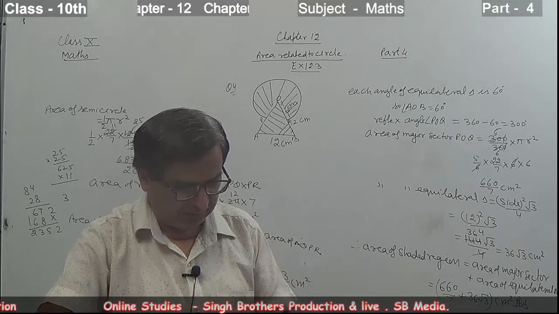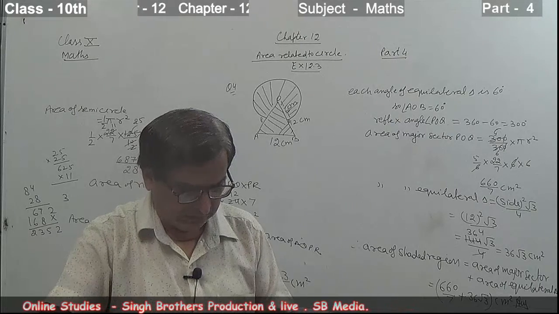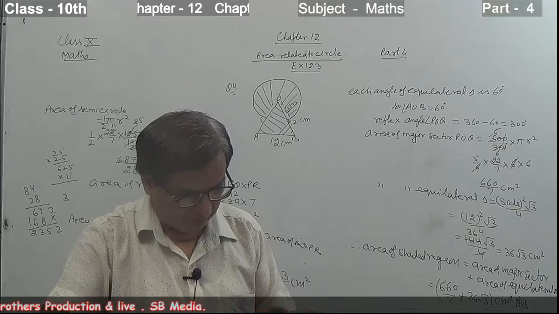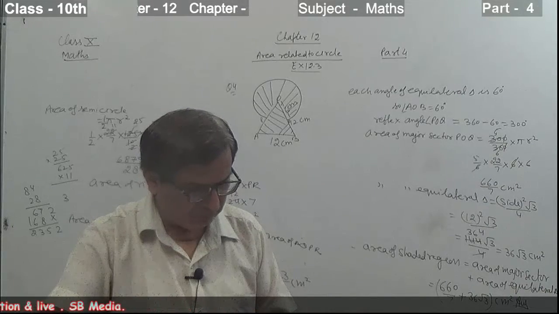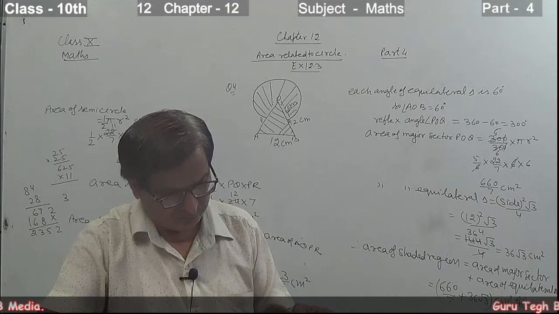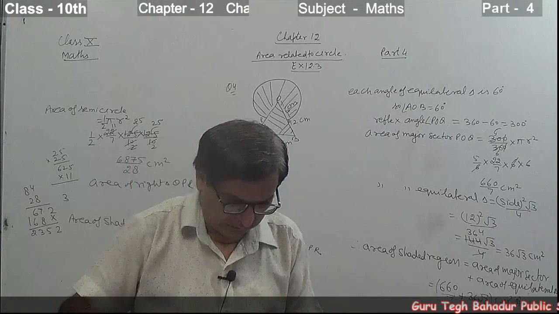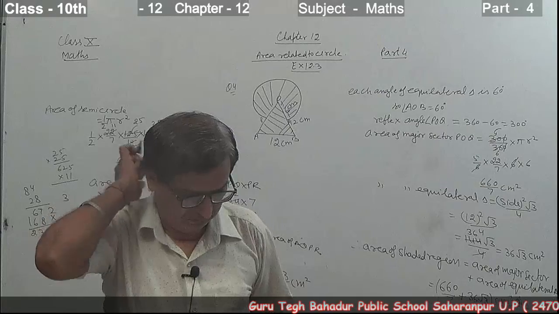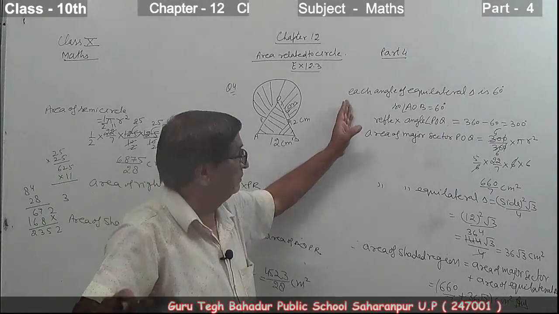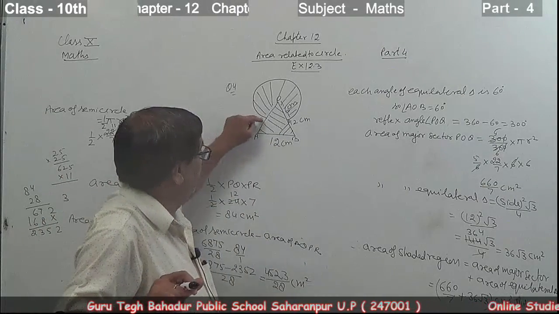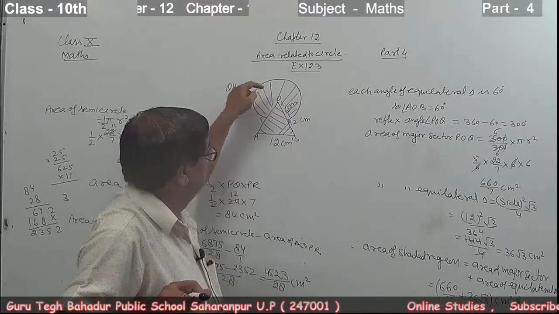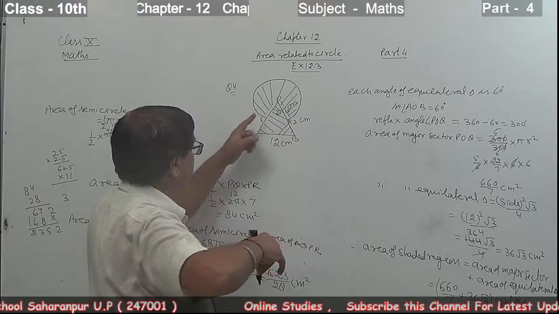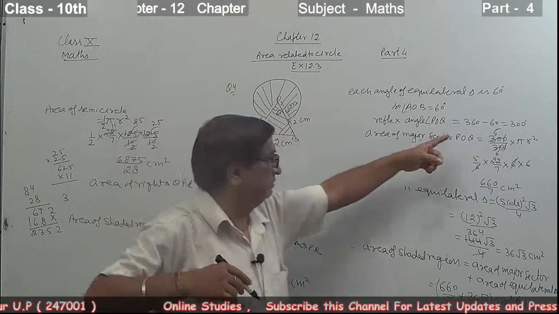I think you understand this question. So question number 4, I think you understand it. This is your major sector. This angle is 60 degree, so this will be 300 degree.